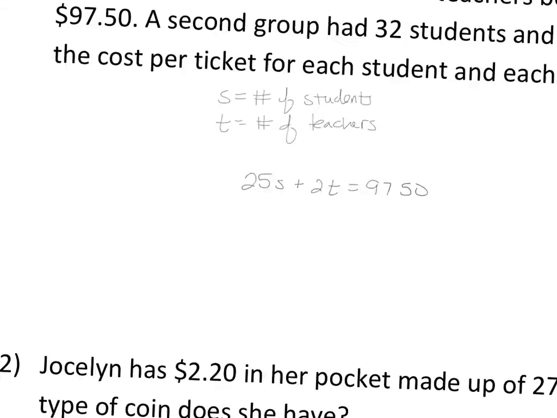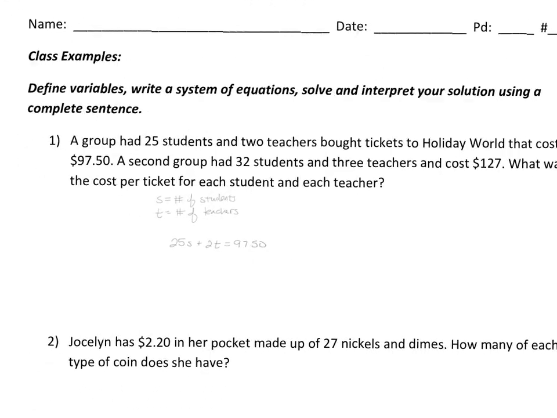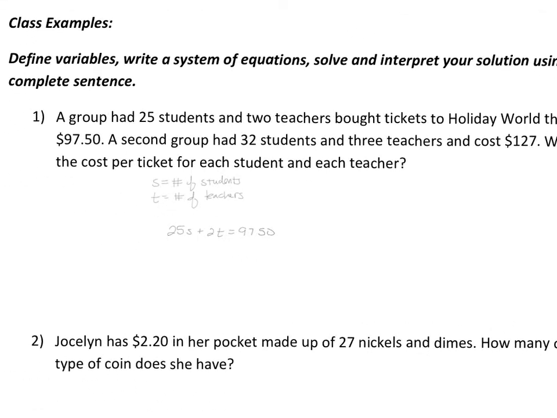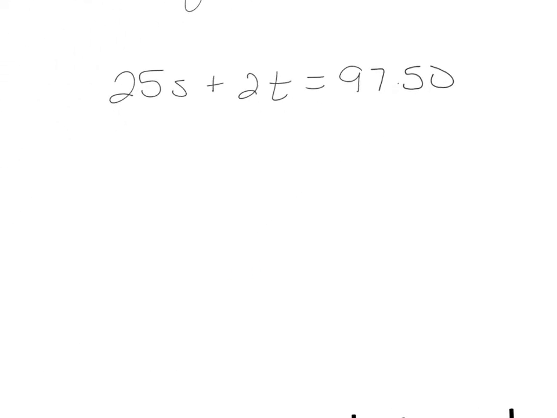All right, now I'm going to go to the next one. This one says that I have 32 students and 3 teachers, and the total is $127. So 32S for students, 3 teachers, and their total was $127.